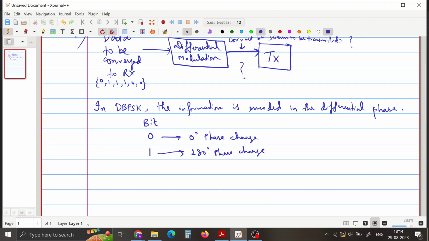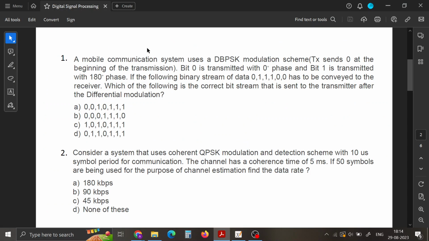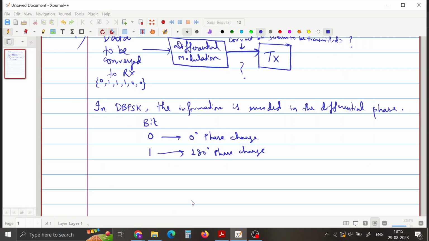For the transmitter, if you go back to the question, it is mentioned that the transmitter sends 0 at the beginning of the transmission. So the starting bit that the transmitter is going to send is bit 0. So I'll write that up as well. Transmitter sends 0 at the start.